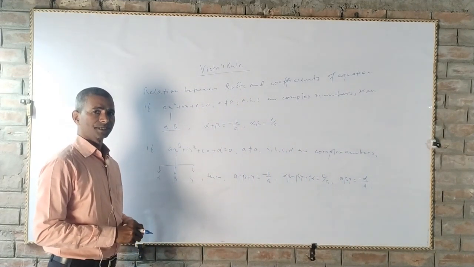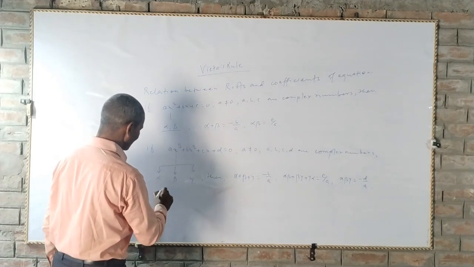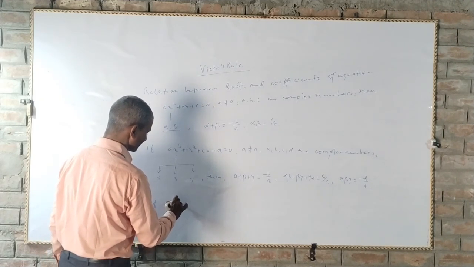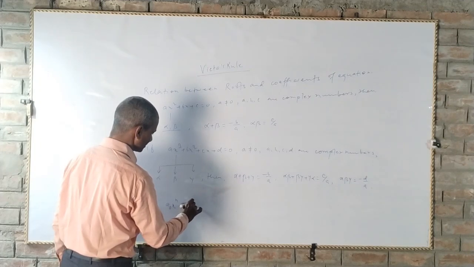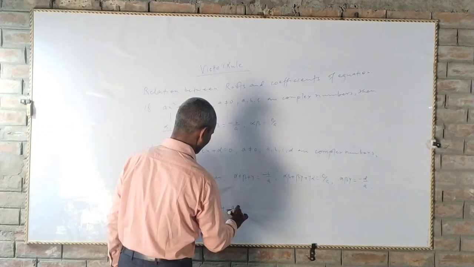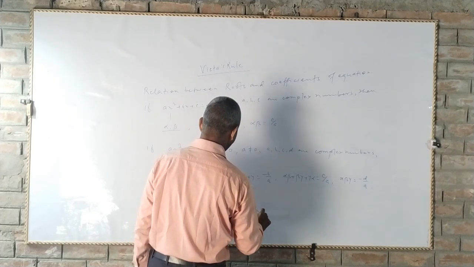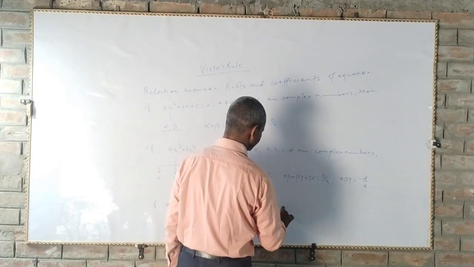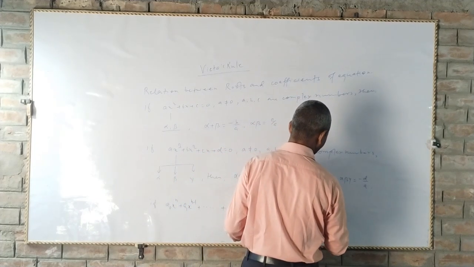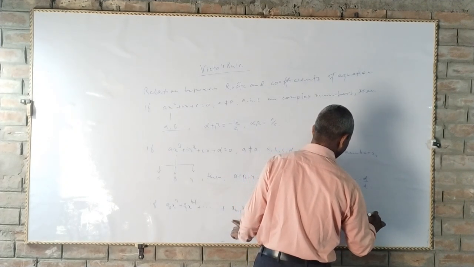यदि इस तरह से हम आगे बढ़ते हैं तो nth degree equation के लिए हम लिख सकते हैं कि if the equation is a naught x to the power n plus a1 x to the power n minus 1 plus dot dot plus a n minus 1 x plus a n is equal to 0, where a naught is not equal to 0 and a naught, a1, a2 and dot dot an are complex numbers.